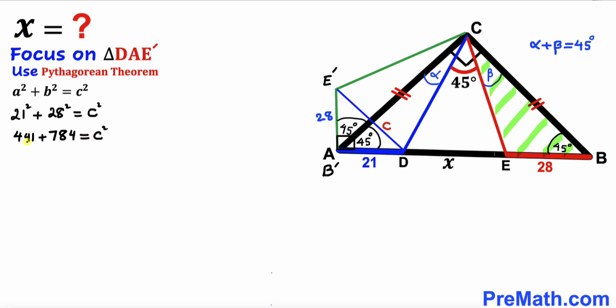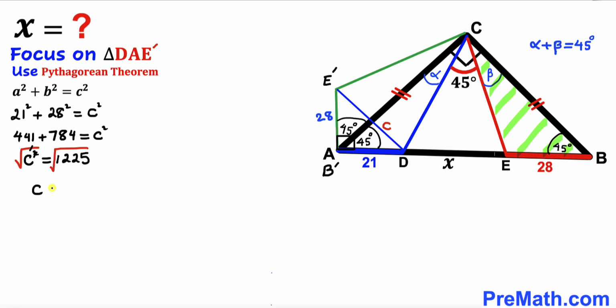If we combine these like terms on the left hand side, c square turns out to be 1225. Now we are going to undo this square by taking a square root on both sides. This square and square root undo each other.